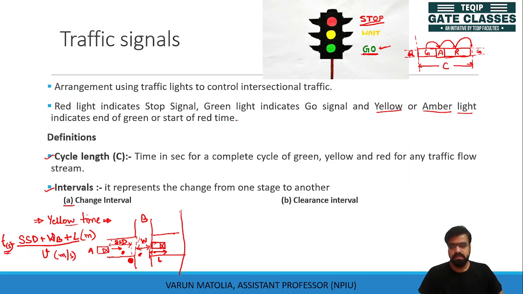There may be another scenario when your vehicle is well behind the SSD, meaning your vehicle is not in this zone. So this is your first case, when your vehicle is in this zone. This is your second case, when the vehicle is not in this zone.